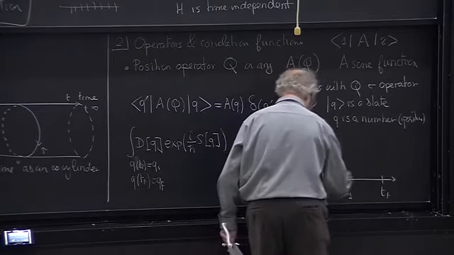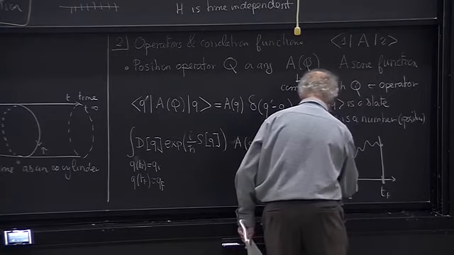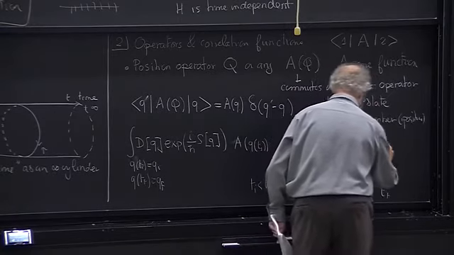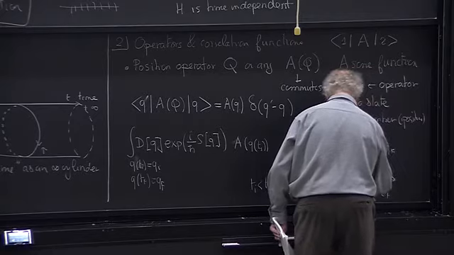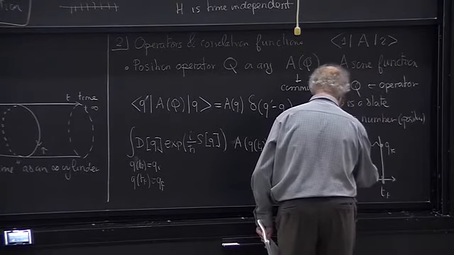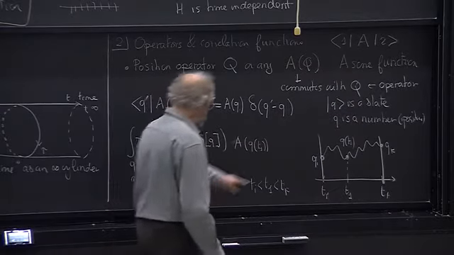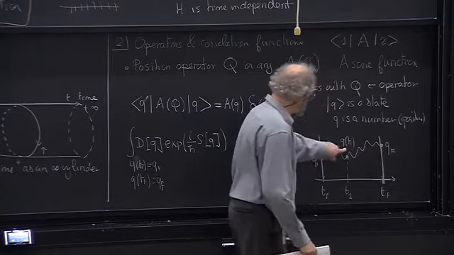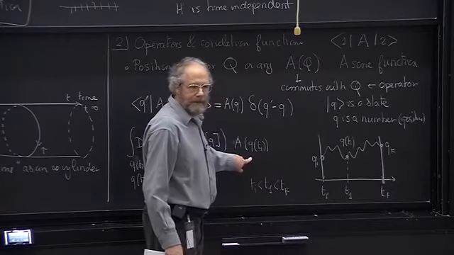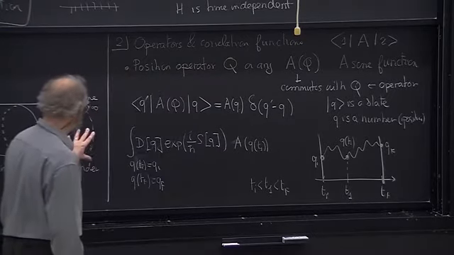So basically, I consider this path integral between the initial and final states, but at time t1 I measure the position. Of course, the endpoints are fixed, but q of t1 is a random variable. So this is not a completely trivial object.